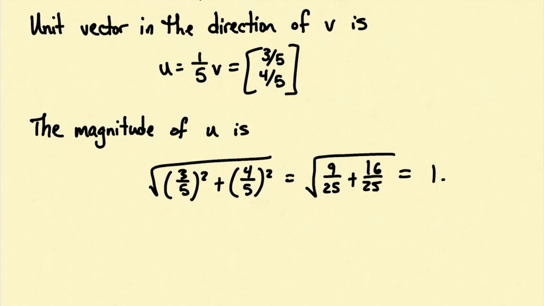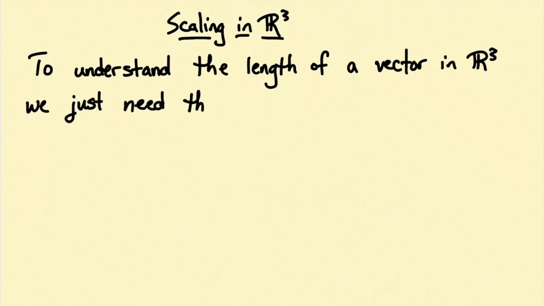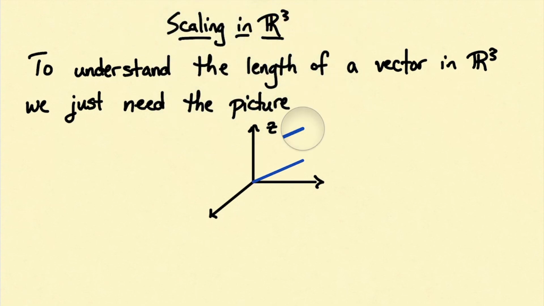Now the move from R2 to R3 is relatively easy. To understand the length of a vector in R3, we just need to use the right triangle below. For any vector that points from the origin to x, y, z, we can start out by dropping a vertical line from the point x, y, z down to the point in the plane x, y, 0.